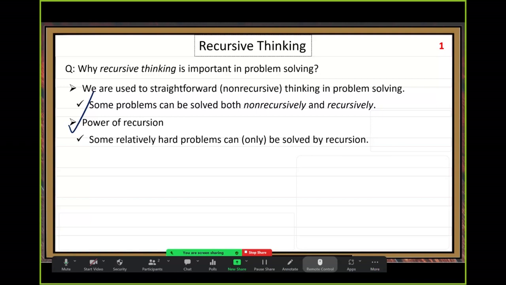Theoretically, yes. But you will see many problems where it's hard to imagine a non-recursive way to solve them. Later we will see such problems. So that's why I put it in parentheses. Extremely hard, so we don't even try a non-recursive way for those hard questions.